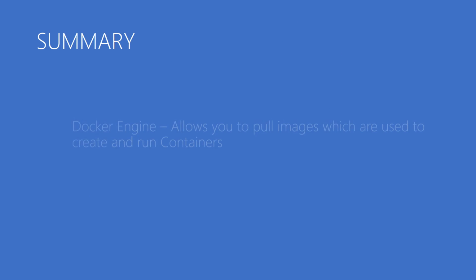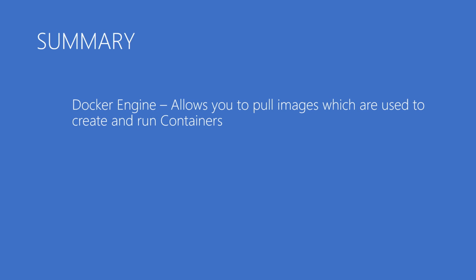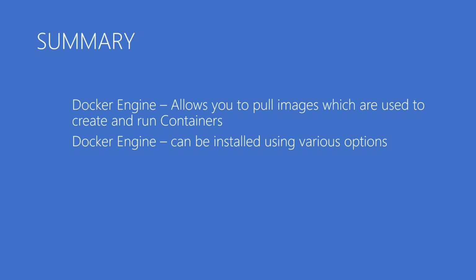To summarize, a Docker engine allows you to pull images which are used to create and run containers. Docker engine can be installed using various options. Azure Container Service simplifies the deployment of container and microservices orchestration tools, which you would otherwise have to install and configure manually.